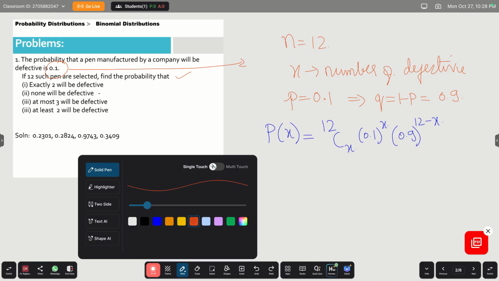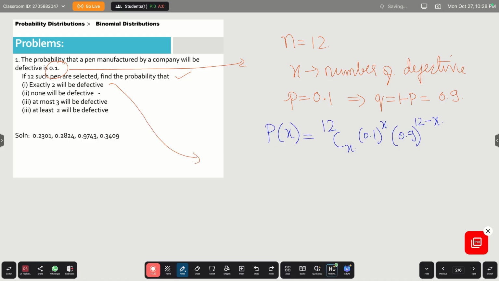The probability of exactly 2 defective. That means x value is 2. I have to calculate P of 2. So it is 12C2, 0.1 power 2 multiplied by 0.9 power 12 minus 2, which is 10.